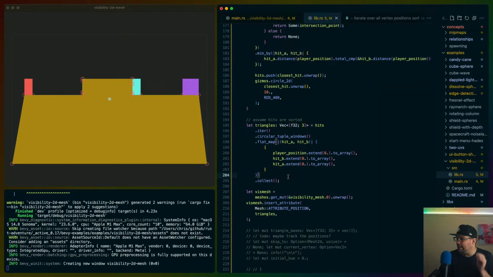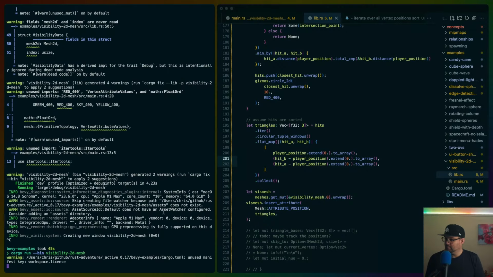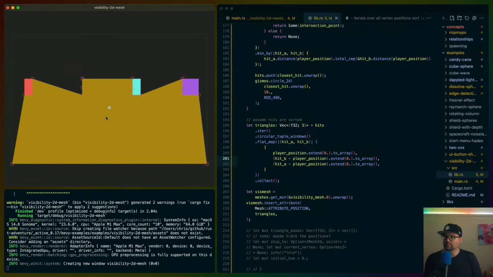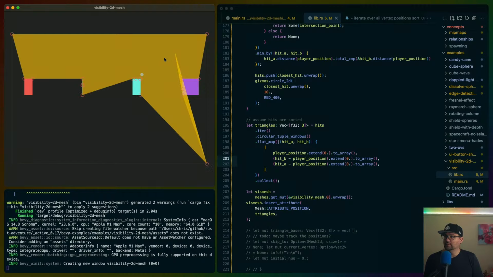So the question here is, why is it in the wrong position? Is it because we need to subtract player position from each of these hits? And that does look correct.